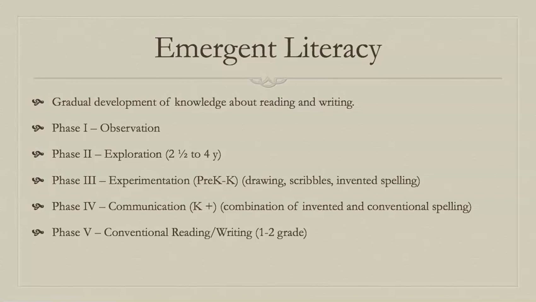Then we go to phase 3, which is experimentation, that happens between pre-K and K. The children begin to draw things that are recognizable. Some start to scribble, maybe pseudo letters or letters that are identifiable to the adult.